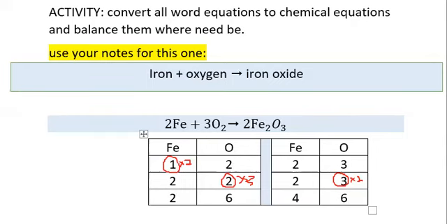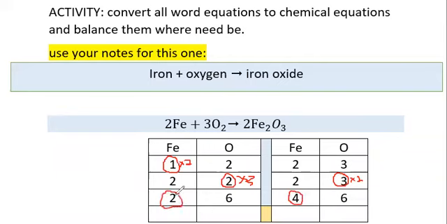We only have to balance iron now. In order to balance iron, we need to bring the 2 here by the reactants to the number 4. So here it's 4, and we need to bring the 2 over here to a 4. So how we do that is simple.